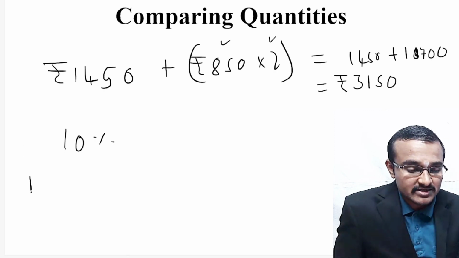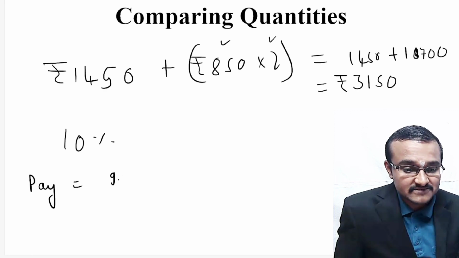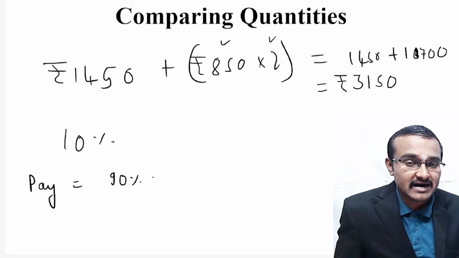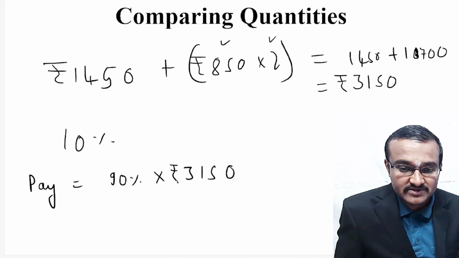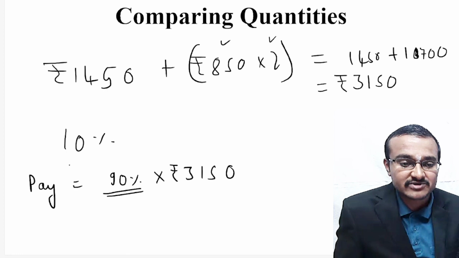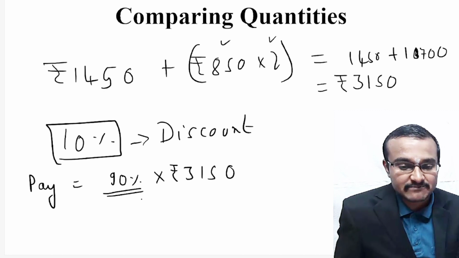So what he should pay is only 90% of the market price. So 90% into 3150. Out of 3150 you should just pay 90% because 10% is discount. If 10% is discount, he is paying only 90%.